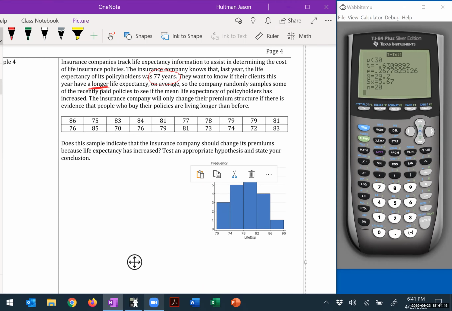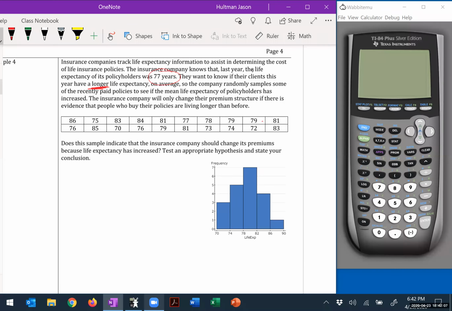I guess this is the age at which these people died, in which they paid out. Kind of a morbid example. So we have 20 people here.